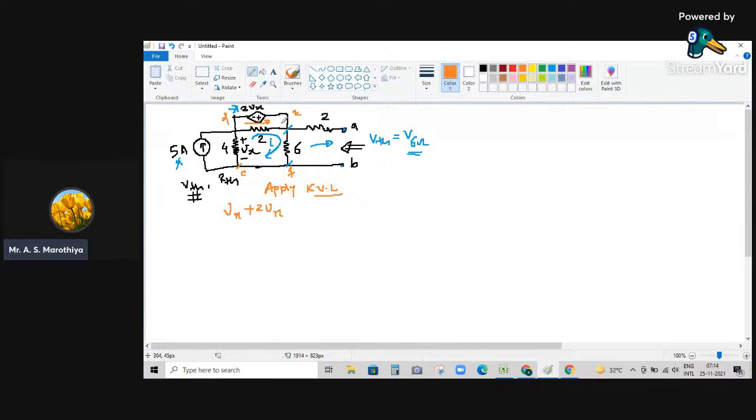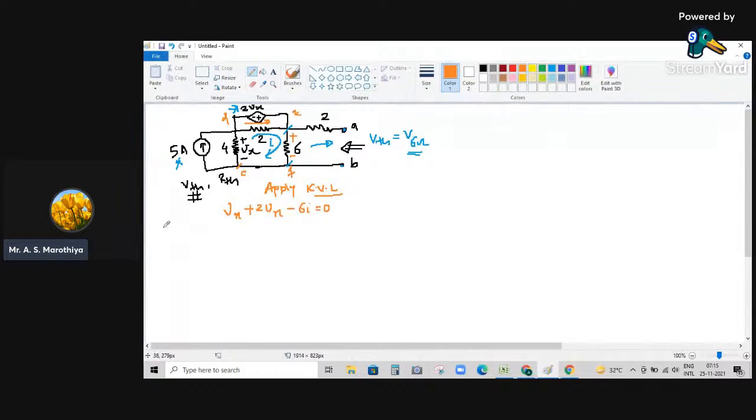Then when we are moving through this 6 ohm resistor, because we are moving in the direction of current, from upward to downward, this is plus to minus, so we experience a voltage drop, minus 6 into I. This is going to be equal to 0.